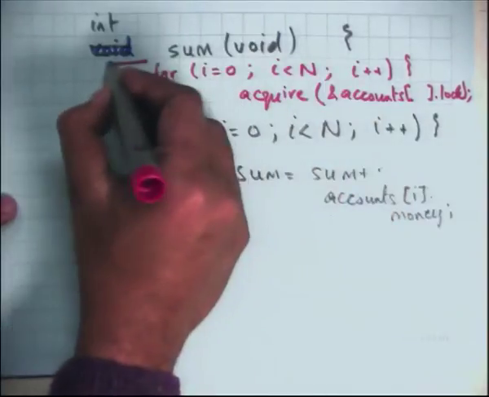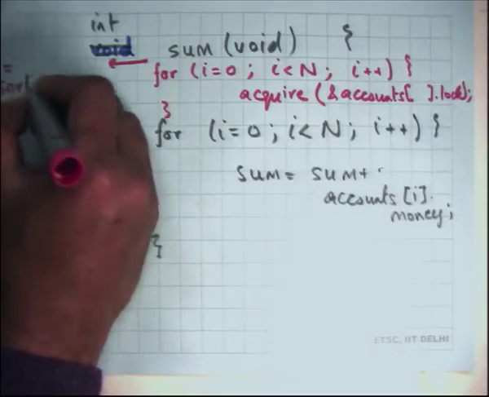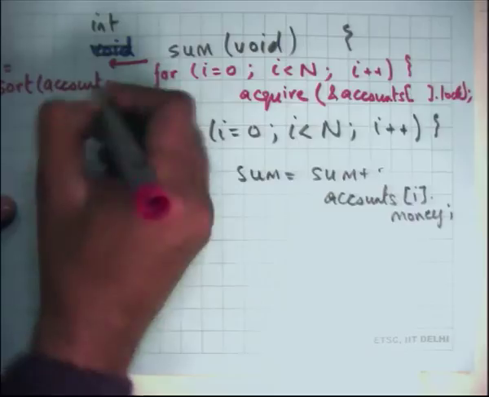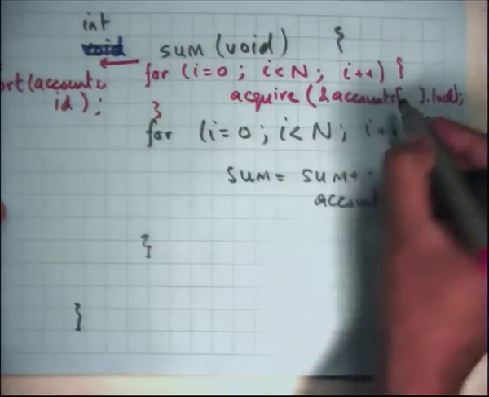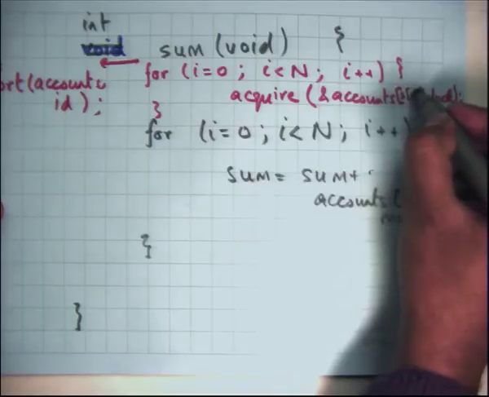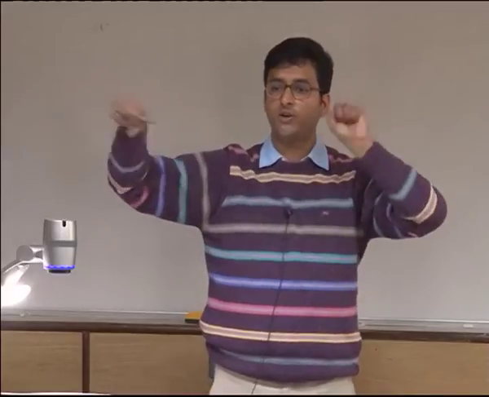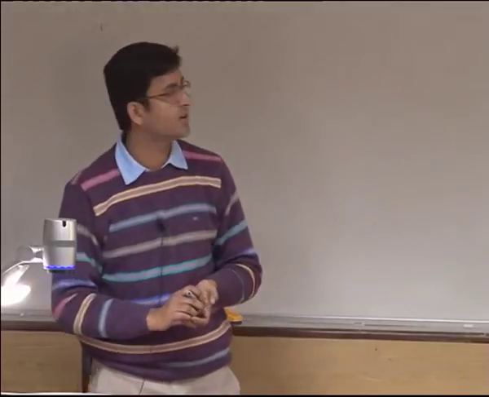So what you'll need to do is, let's say you have another array which just sorts the accounts by ID, right? And that sorted order is what you use here. So you just take the locks in a certain sorted order, ordered by the account ID.